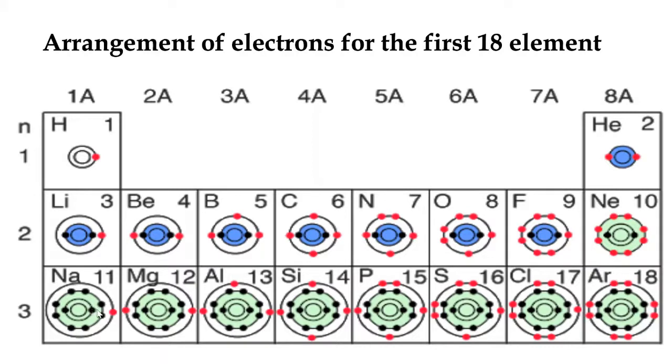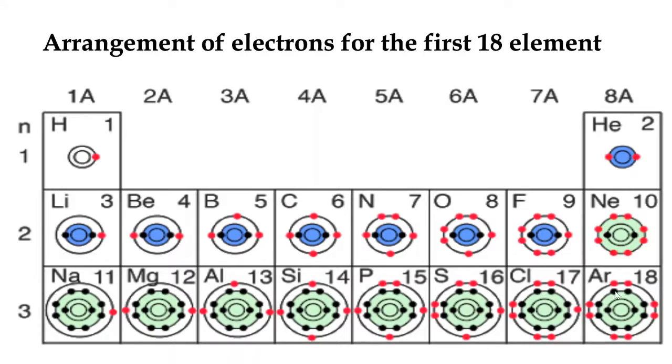Okay children, similarly till we come to argon, the atomic number is 18. So the inner shell, that is your first shell, K shell, can accommodate 2. The next shell is L shell, which can accommodate 8 electrons, and 2 plus 8 is 10.